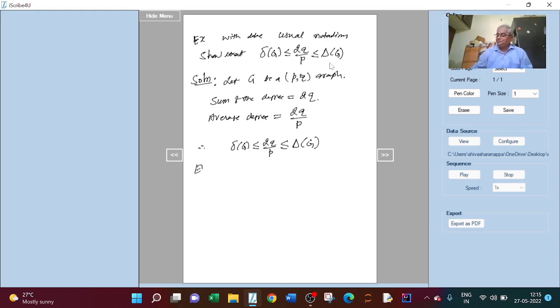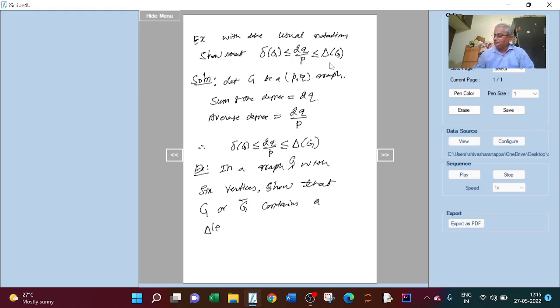One more example. In a graph G with 6 vertices, show that G or G bar contains a triangle, that is, 3 mutually adjacent vertices.